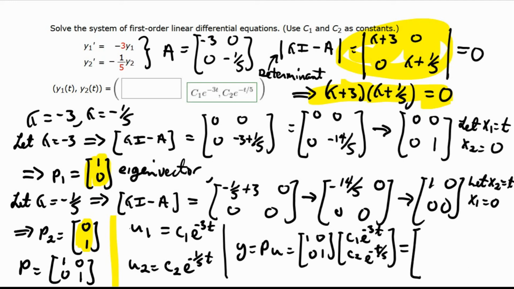Since I have it like this, we'll just keep it as a matrix. So y sub 1 would be 1 times C sub 1 times e to the -3t, plus 0 times C sub 2, but that goes out. And then for the second position, we get 0 times C sub 1, that goes out, plus 1 times that C sub 2 times e to the negative t over 5. And those are the solutions there.